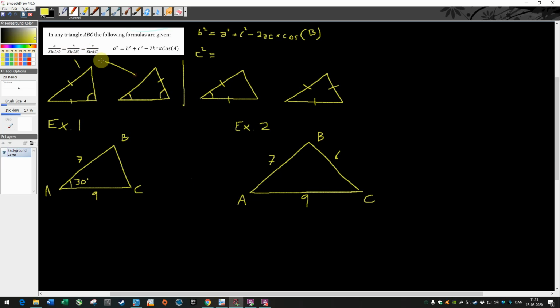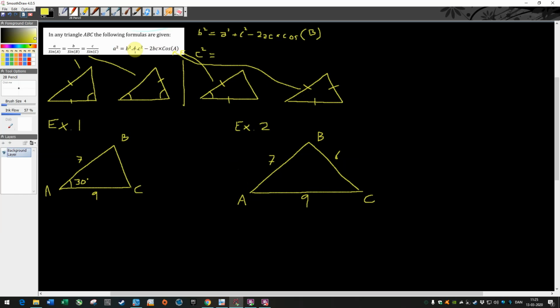If we have a situation where, let's say, we know the two sides that are standing next to an angle, then it is laws of cosine. Or if we do know all the side lengths, this is also the one you have to use.